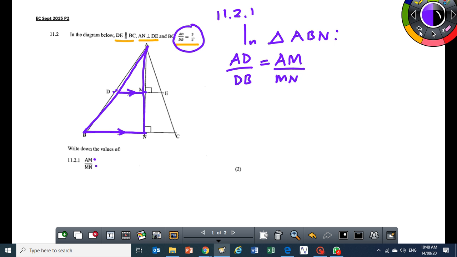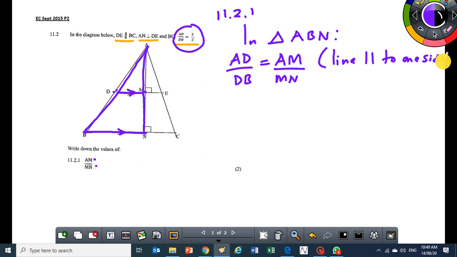And my reason is the proportion theorem reason. That's line parallel to one side of triangle. Or if you don't like this reason, you can write it as proportion theorem.